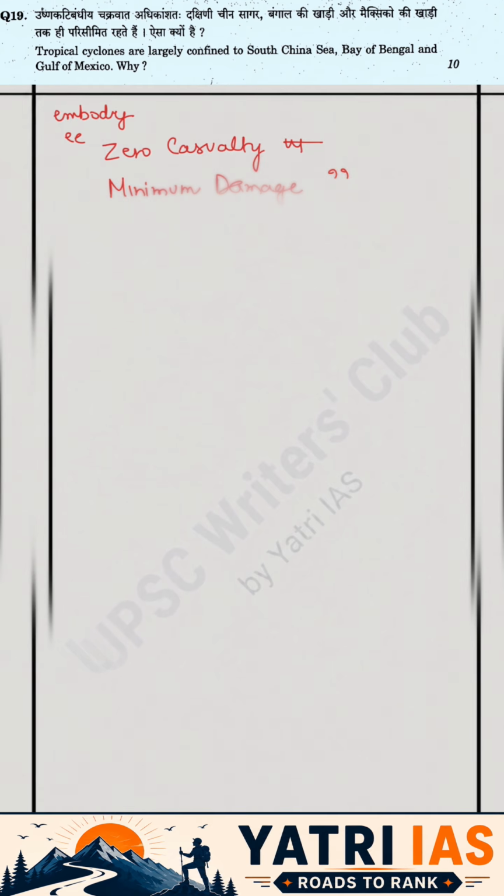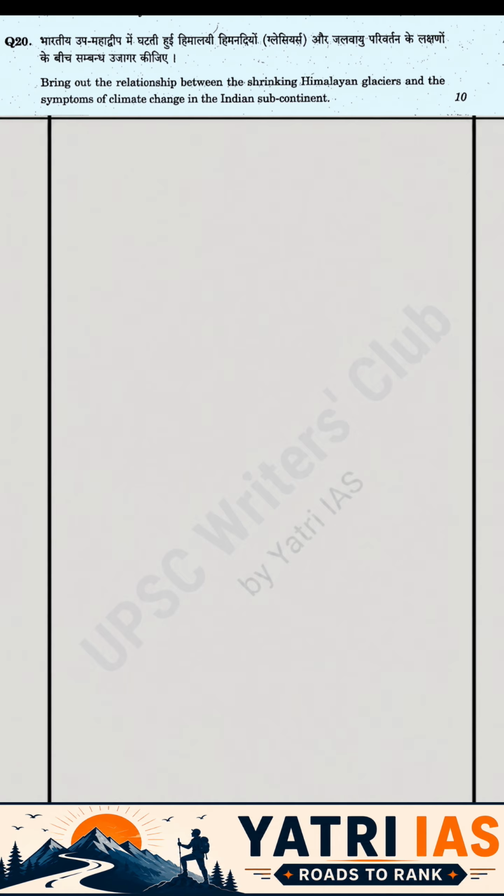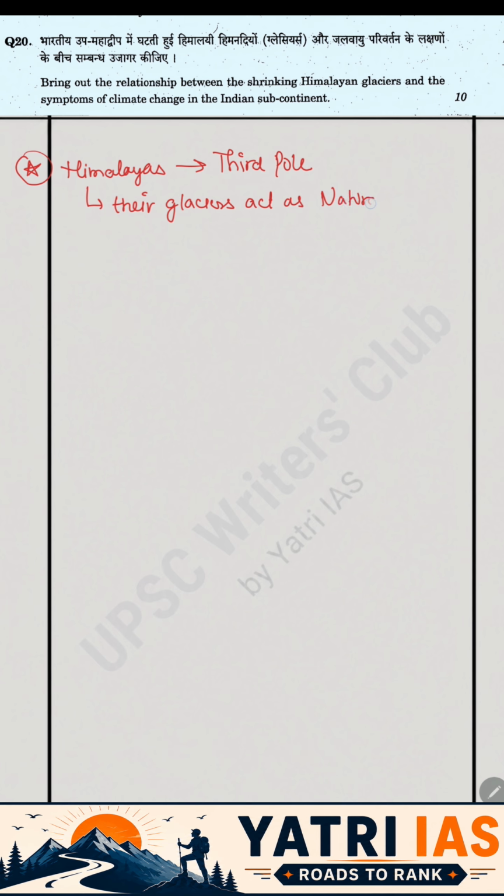Thank you. Today's question is asking about shrinking Himalayas and symptoms of climate change. You could give your answer a very important introduction, like Himalayas are called the third pole as well. This shows the importance of Himalayas. And Himalayas and their glaciers act as natural climate thermometers.